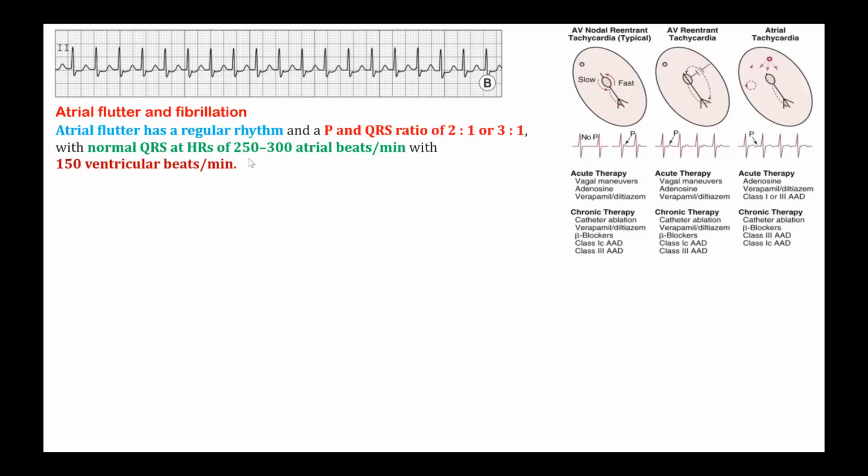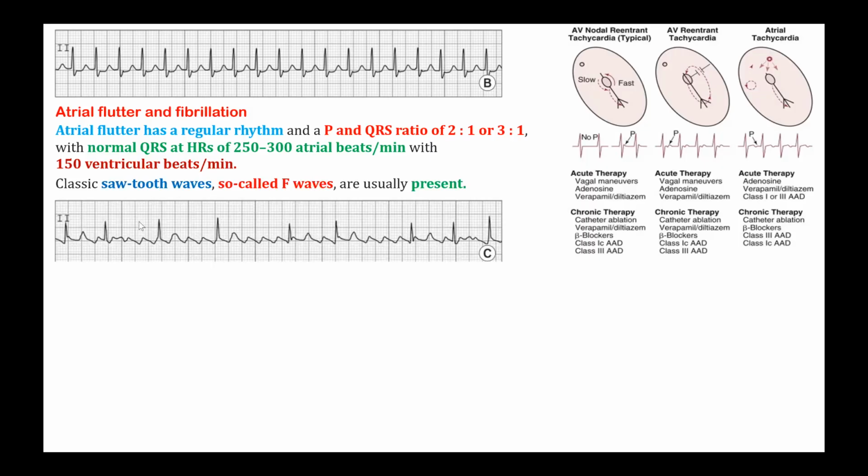Atrial rates can go up to 250 to 300, and ventricular rates will be about 150 beats per minute. It may have a classical sawtooth pattern, whereas in atrial fibrillation there will be fibrillatory waves instead of the P wave, called the fibrillatory or F waves.